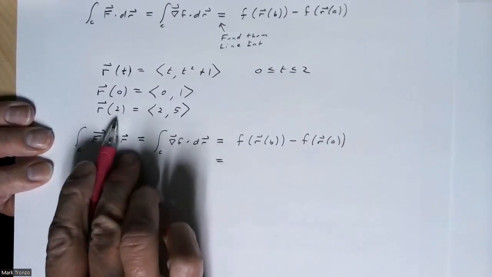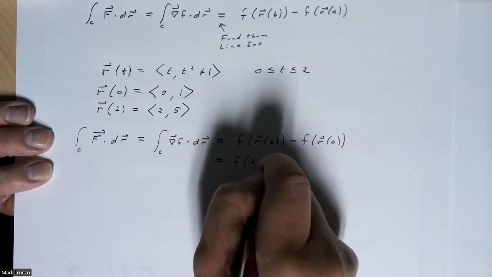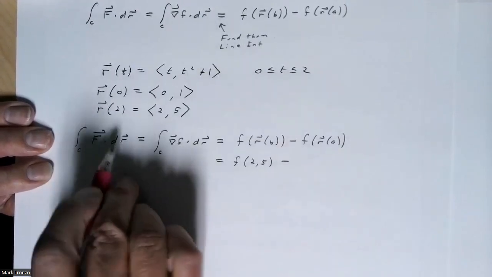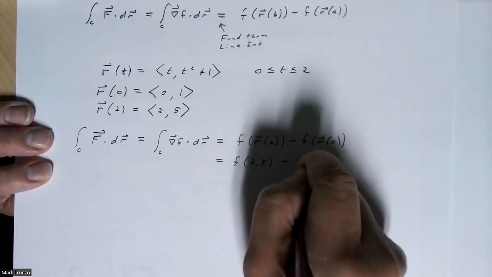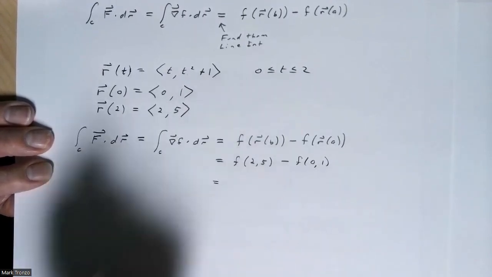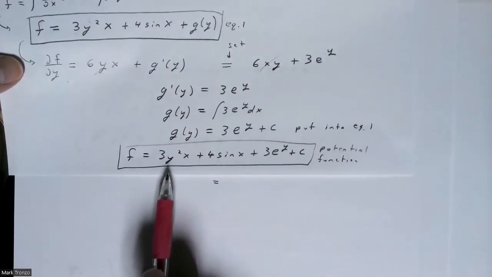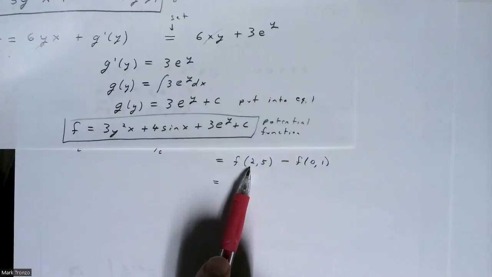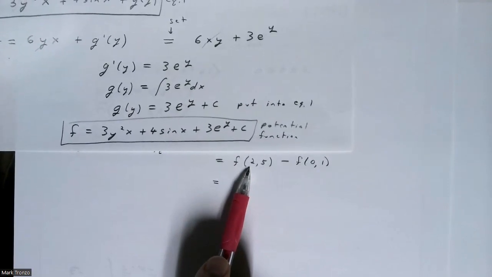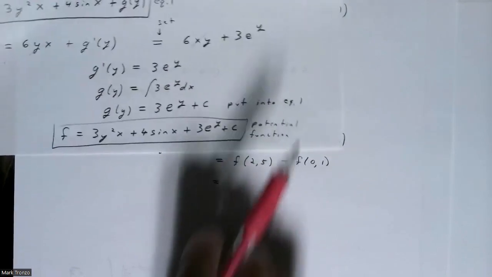That's going to be then our endpoint was this 2, 5. Our starting point was 0, 1. And go back to your potential function, which is this right here, and put in these values. Put in 2, 5 for x. It's going to be 2 for x, 5 for y. So let's do that.